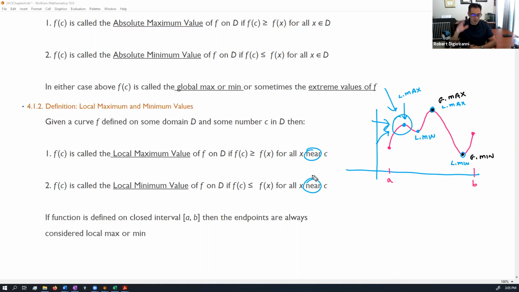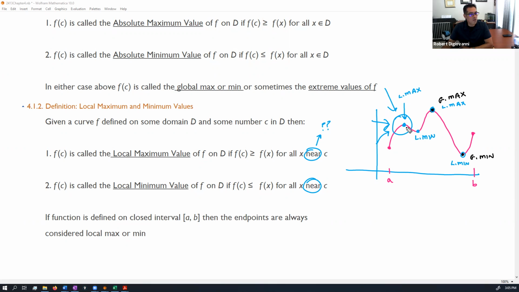This is not the precise definition that mathematicians use, but in this class we resolve that in a pure math class. If you're a math major, we make it very clear what we mean by near, okay? But for here, we're just going to say near, just kind of close, and not get into it anymore.